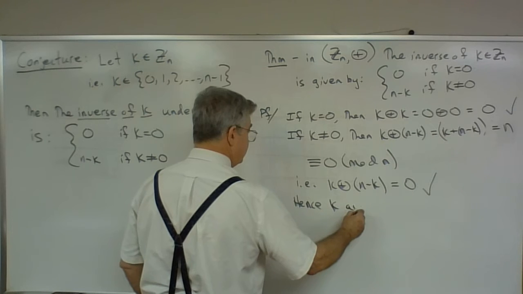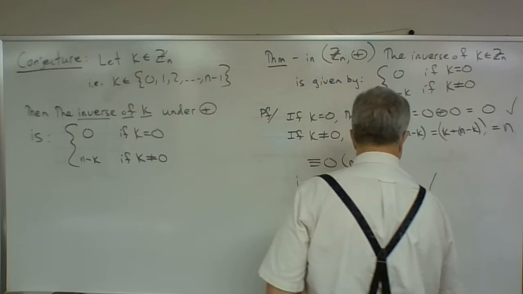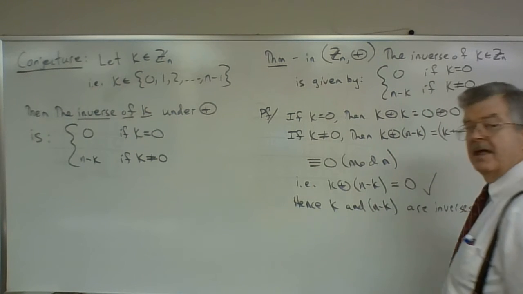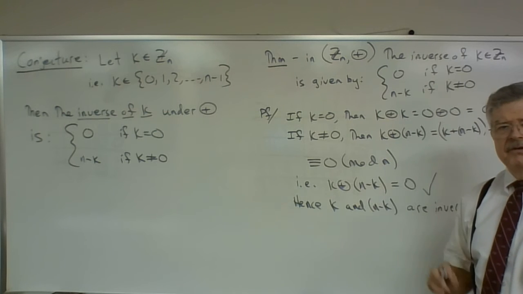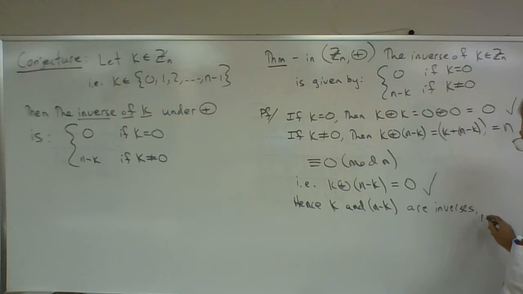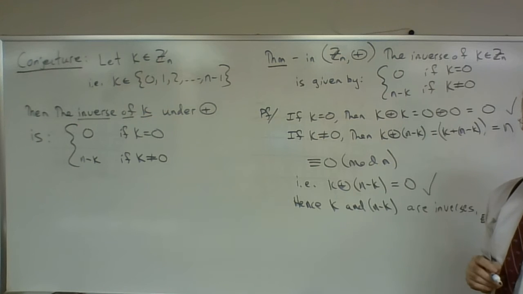Hence k and n minus k are inverses. And since an inverse is unique, we don't have to go shopping around for any other candidates. So just something to remember. In addition modulo n, or in a group where the operation is addition modulo n, the inverse of a non-zero element is n minus that element.